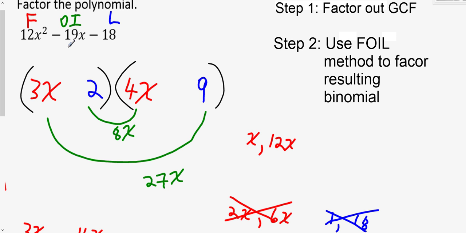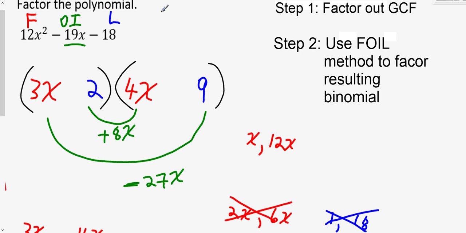Now I have to consider, is there a way for me to get negative 19x by using an 8x and a 27x? Well, yes, I can get negative 19x if the 27 is negative and the 8 is positive. So that'll give me negative 27x plus 8x, which is negative 19x.